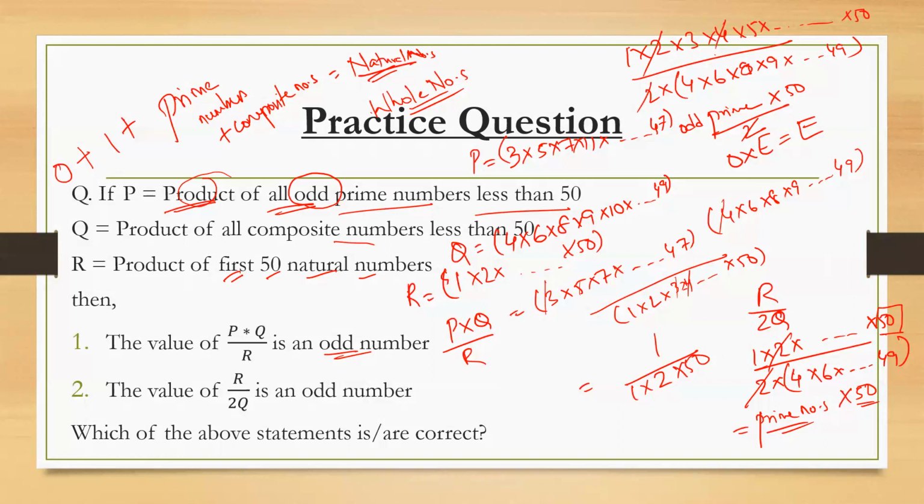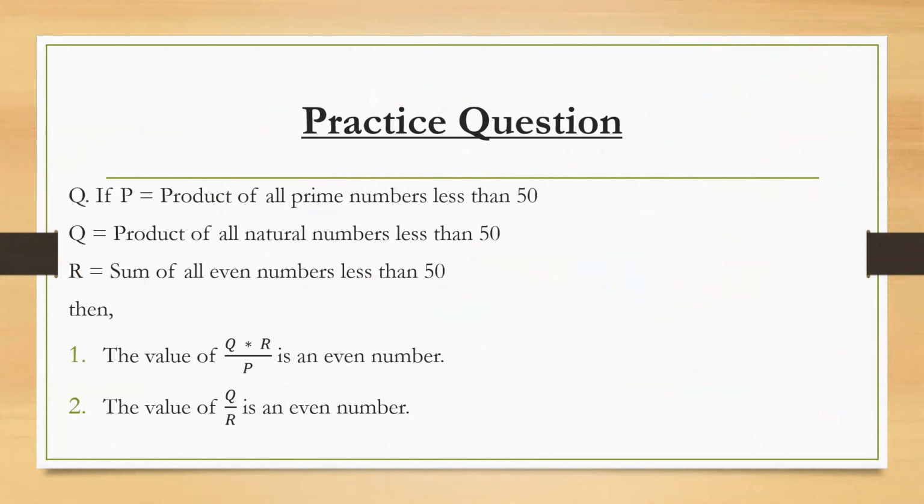The natural numbers. These kinds of questions do come in your CAT paper, so you have to prepare accordingly, now for the UPSC also. Fine. All right, if you have understood this basic premise, I think you will be able to solve this question.